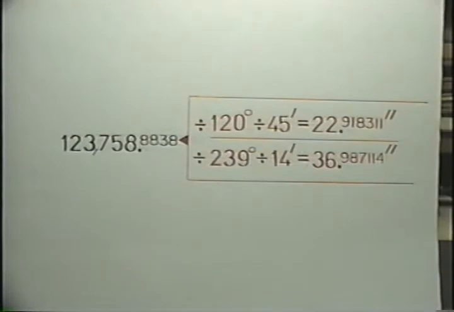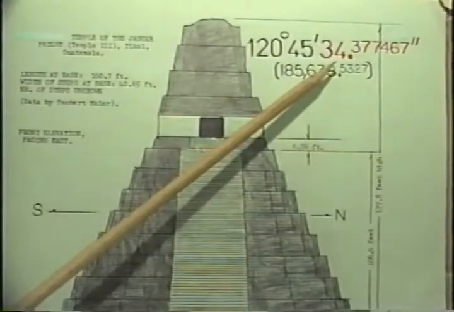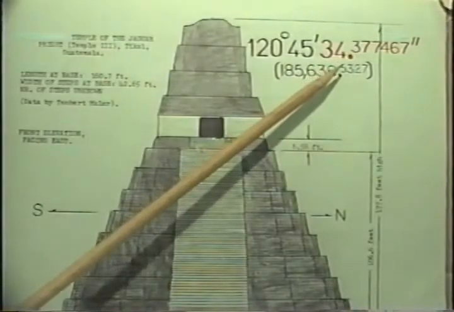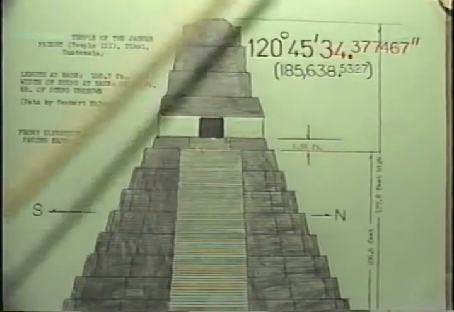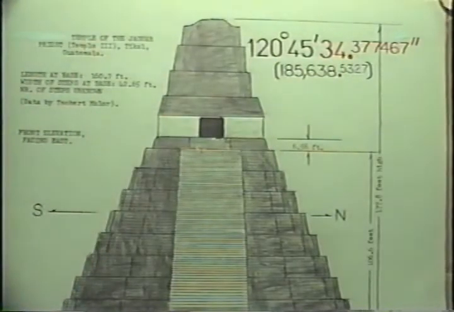Constants in the tailings of Tikal's pyramids. The longitude of its Temple 3, 34.377467, is exactly 3/5 of the radian.